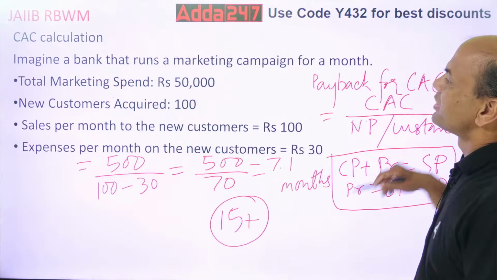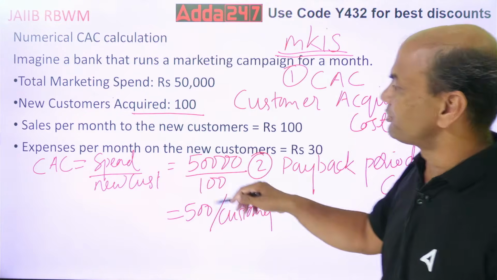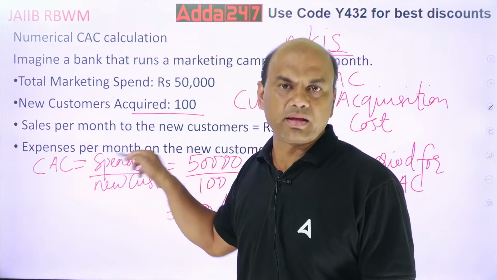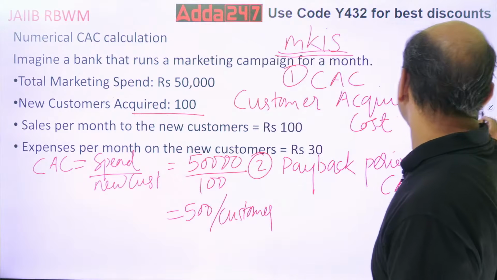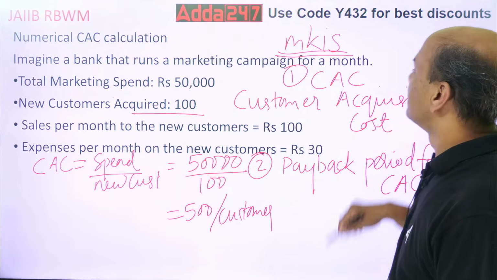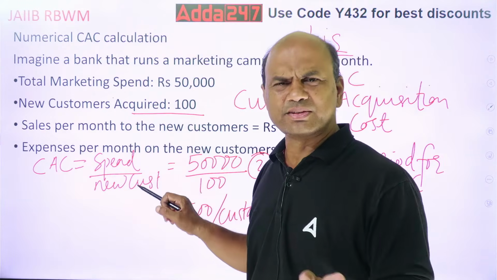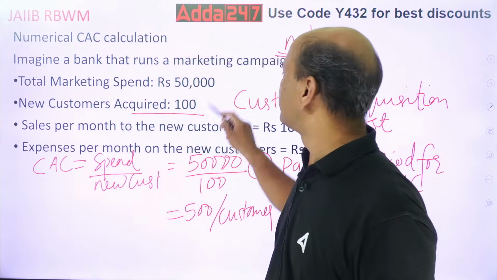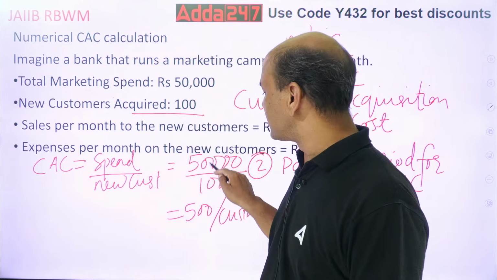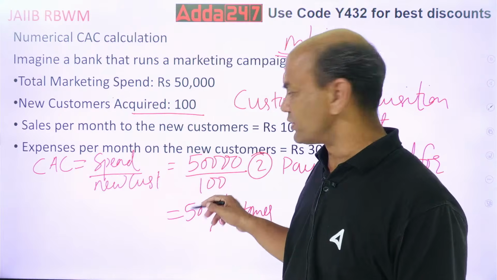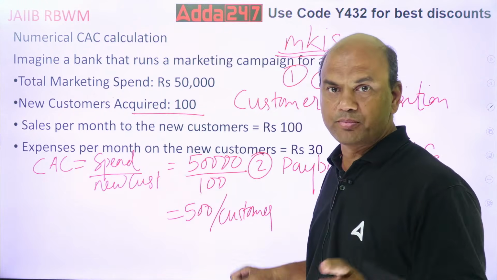Customer acquisition cost is how much I am spending upon how many new customers I have got. So how much am I spending? 50,000. How many new customers? 100. So 50,000 upon 100 is equal to 500. 500 is my CAC per customer.